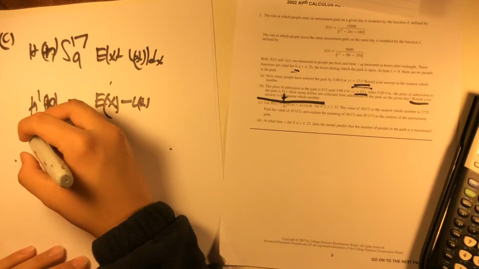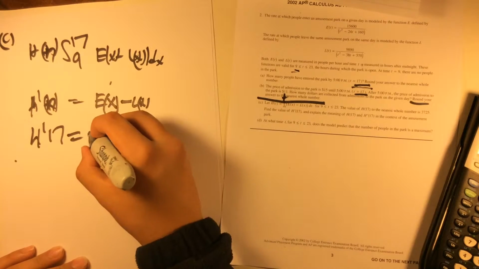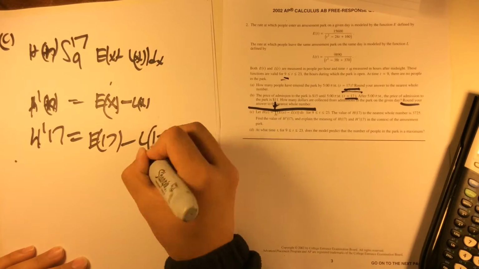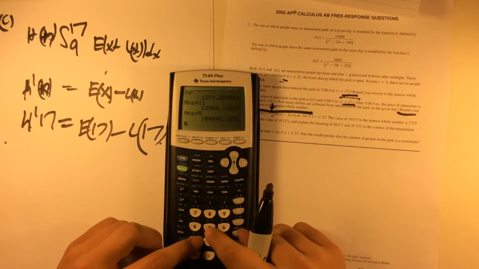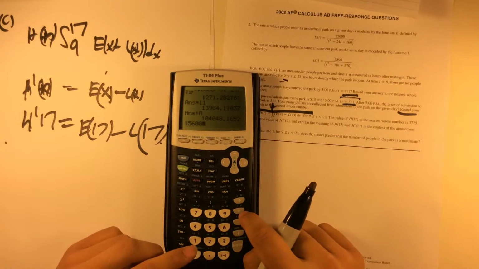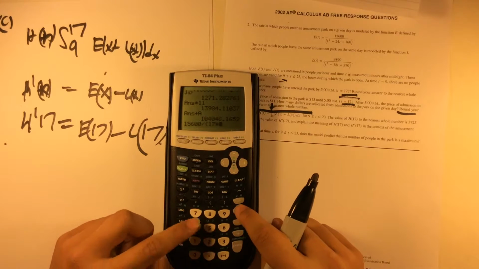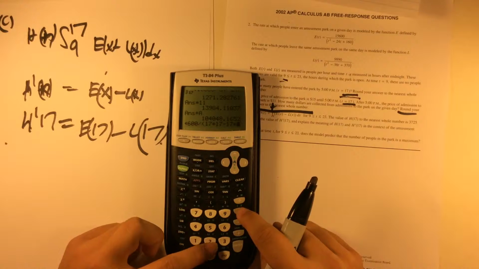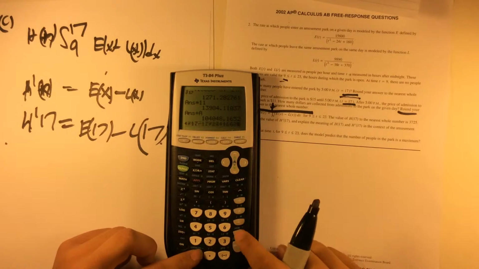Then H prime of 17 equals E of 17 minus L of 17, which with some calculator work is 15,600 divided by 17 times 17 minus 17 times 24 plus 160.